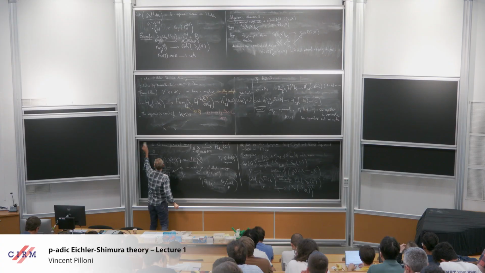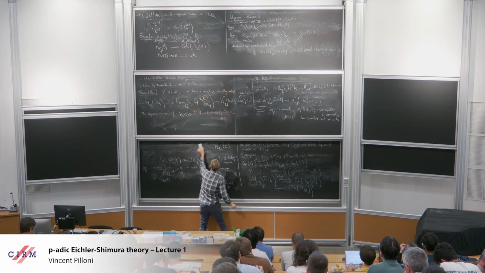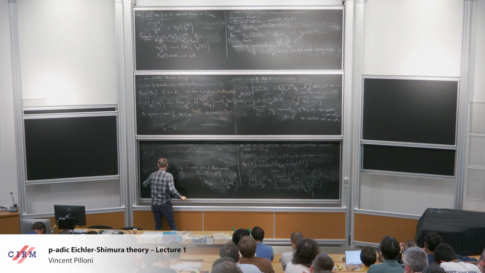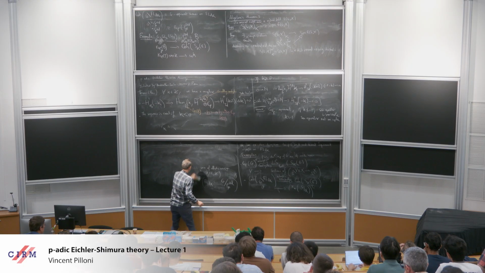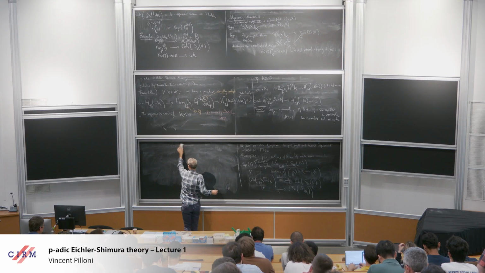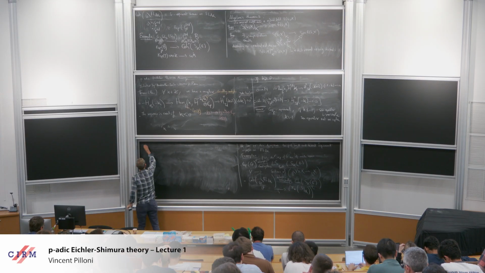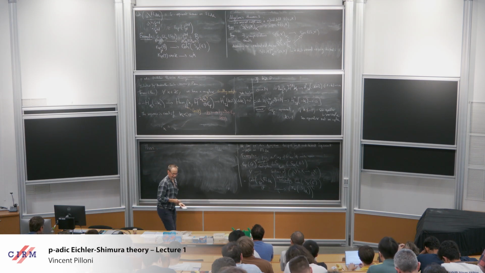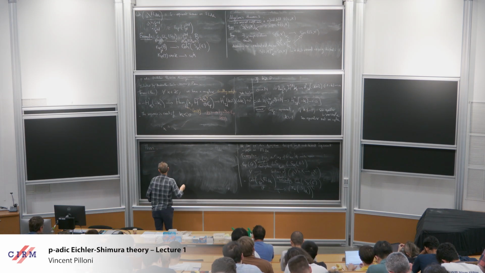Okay. All right. So now, what's the replacement? So the replacement is the following theorem. So there is a Cartesian diagram.